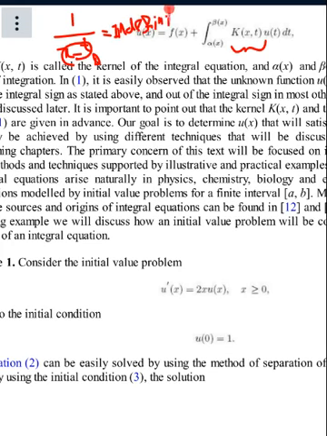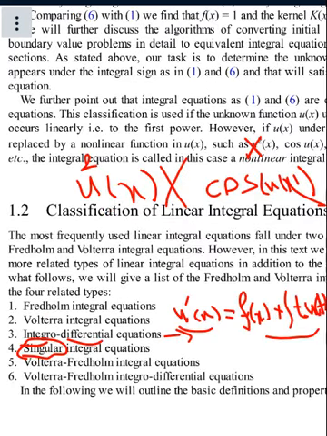In such cases, we will have the kernel as a singular function, and we call this class of integral equations singular integral equations. We will discuss them in more detail in the related chapters.